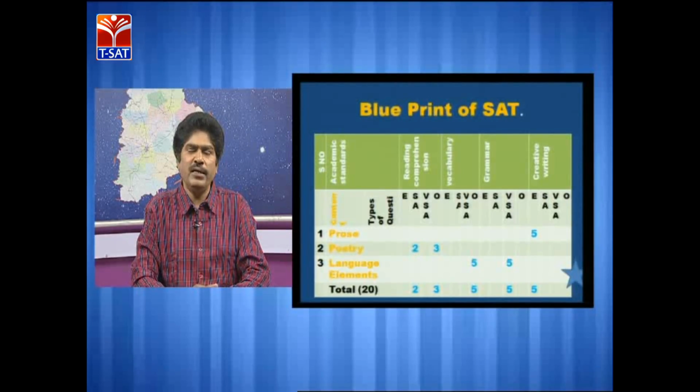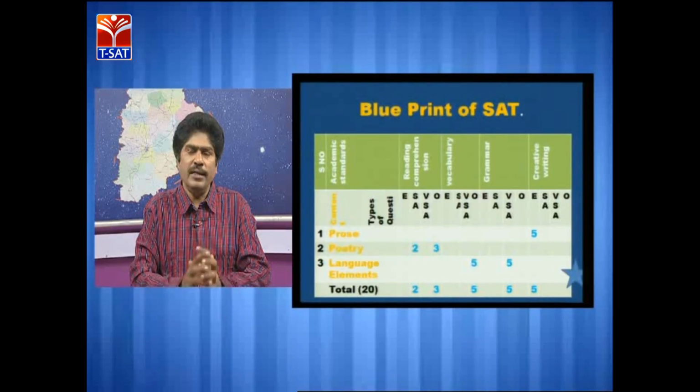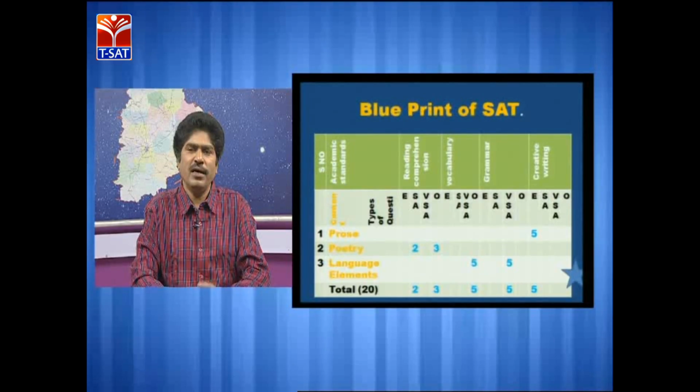This blueprint gives the gist of your test, and it gives information about the academic standards you are taking care of while you are conducting the test. You have included reading comprehension, vocabulary, grammar, and creative writing in your question paper. And also content, you covered content: prose, poetry, language elements.